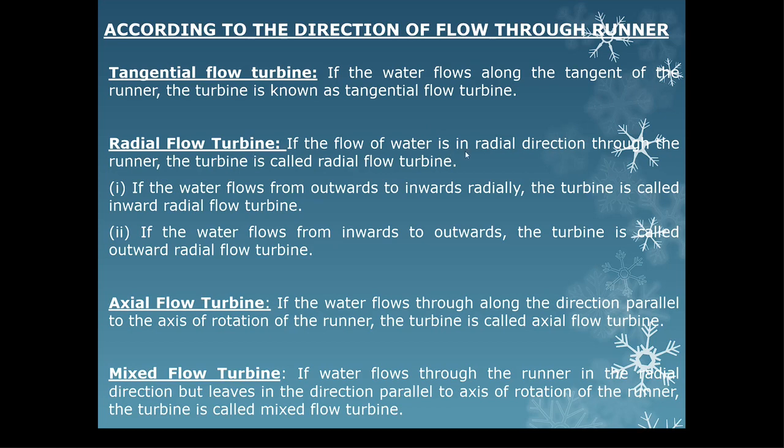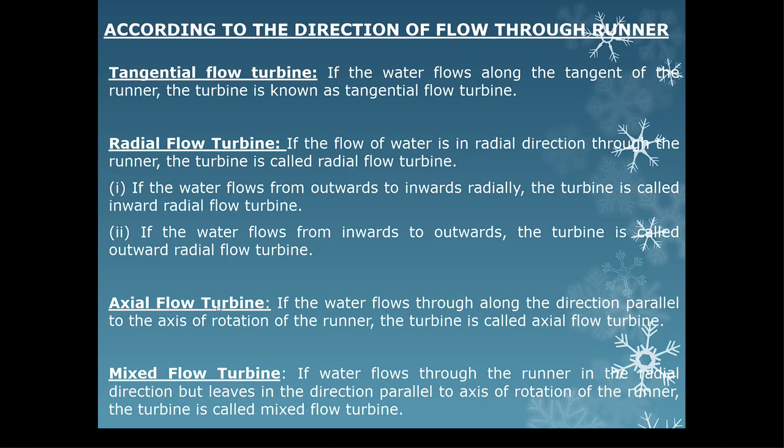If the water flows in the radial direction through the runner, the turbine is called a radial flow turbine. If the water flows from outward to inward, it is called an inward flow radial turbine, and if the water flows from inward to outward, it is called an outward flow radial turbine.